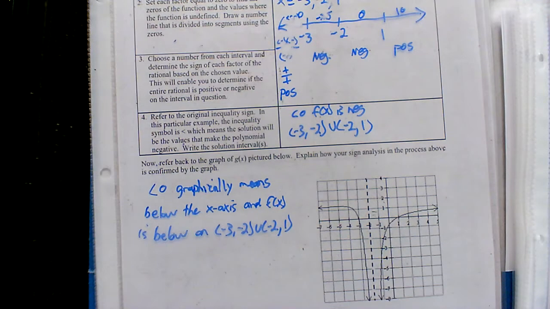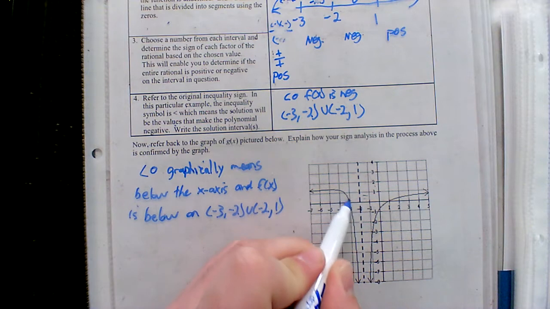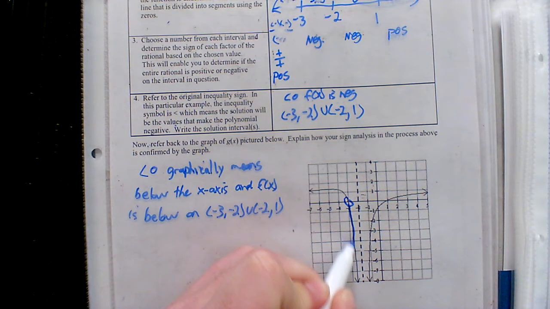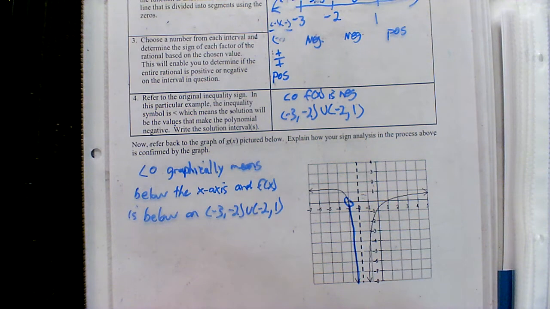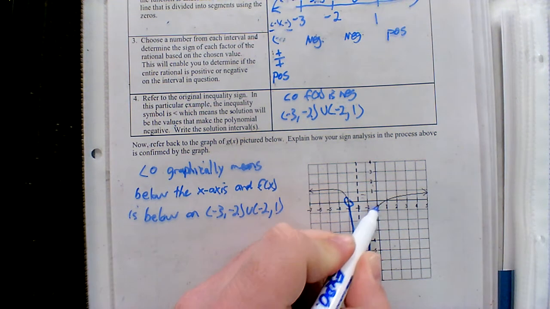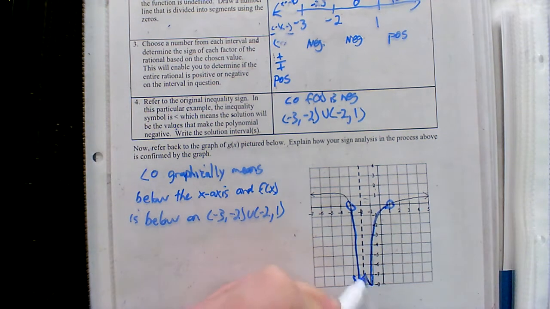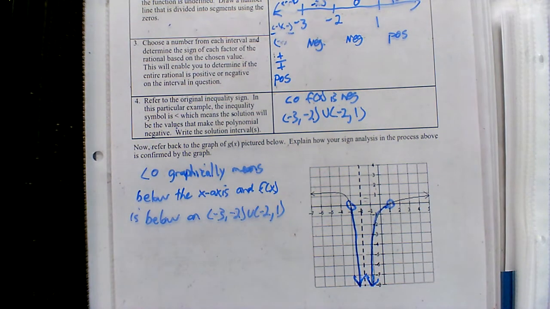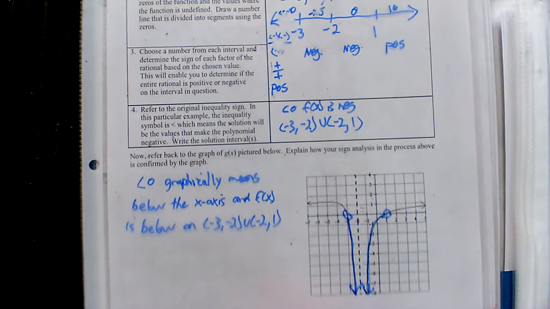Very good. So just looking at the picture to be able to confirm our answer. So -3 to -2, and from -2 to 1. So graphically it's below the x-axis. Very good. Any questions with that example?